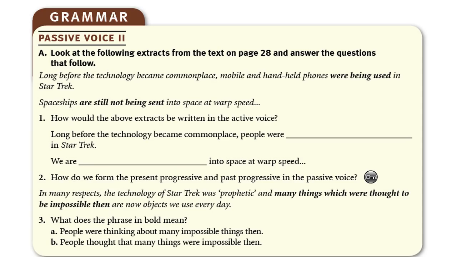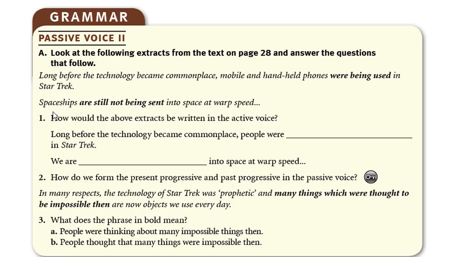Grammar, passive voice 2 المبني للمجهول النوع الثاني. A. Look at the following extracts from the text on page 28 and answer the questions that follow. Long before the technology became commonplace, mobile and handheld phones were being used in Star Trek.